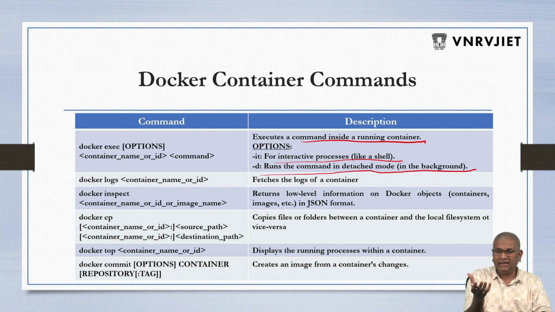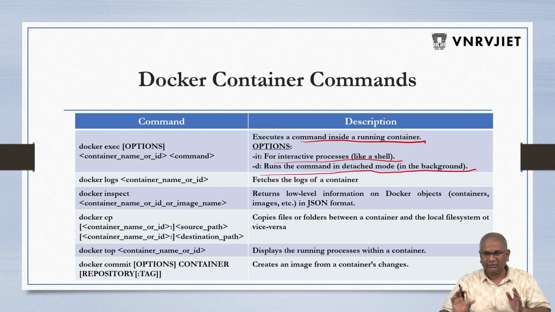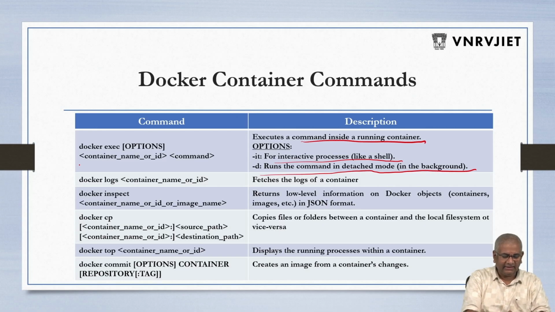Let's say an application is running, but in order for it to proceed further, you have to provide something, for example. So you copy something from local, only at that point, not initially. Initially, you can put it in the Dockerfile. After some point of time, you want to do this thing, then use the docker exec command. So I hope it is clear.